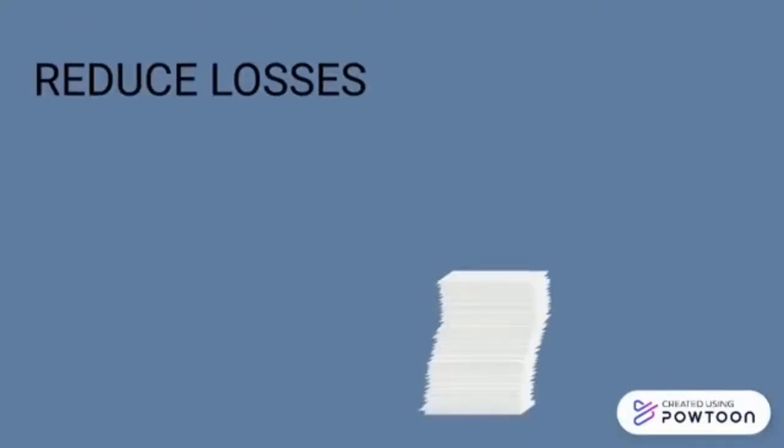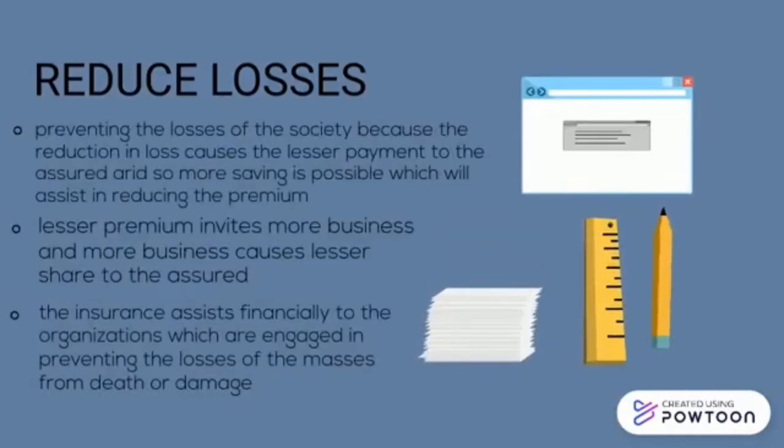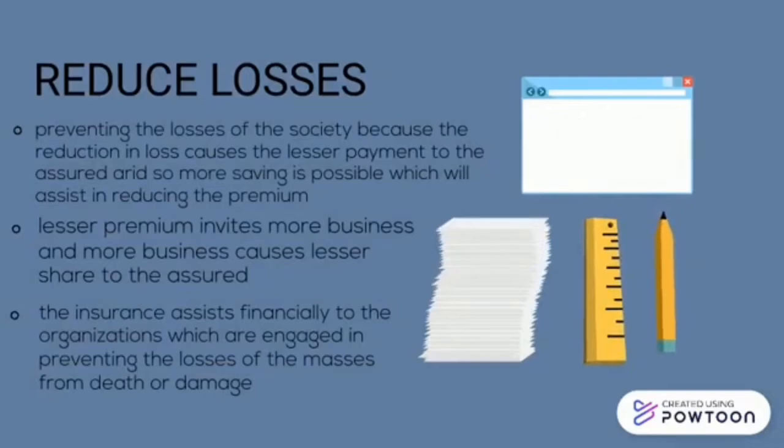Reduce losses. The insurance joins hands with those institutions which engage in preventing the losses of the society, because the reduction in loss causes lesser payment to the assured, so more saving is possible, which will assist in reducing the premium. Lesser premium invites more business, and more business causes lesser share to the assured.